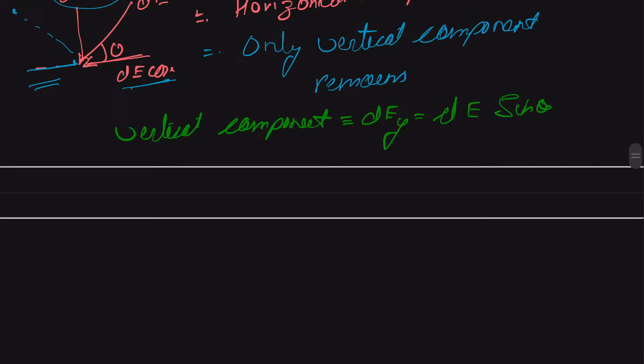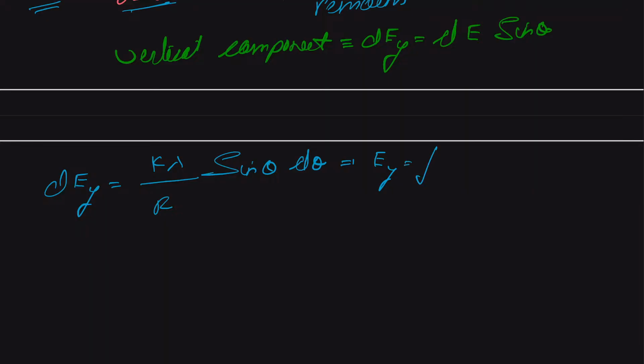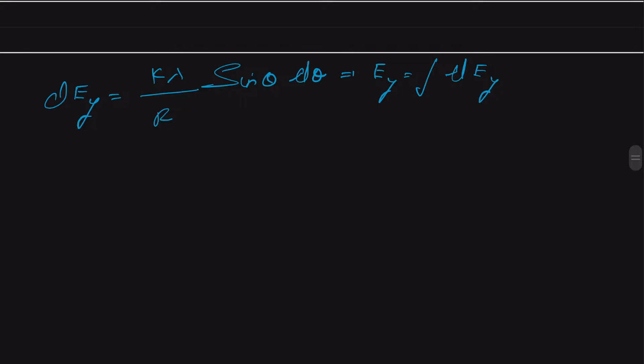Therefore dEy, substituting the value of dE, is k lambda upon r sine of theta d theta.